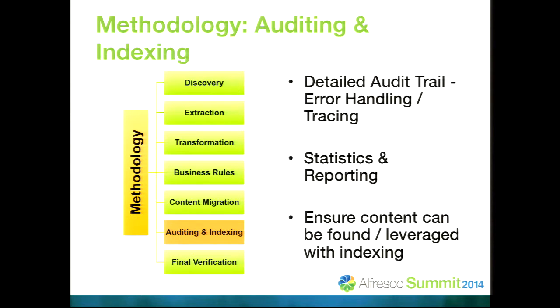You've got to have exceptional error handling, so if there are any errors, you're able to take care of them. From this data, you'll be able to gather how much content is actually getting moved in, and how quickly you can process content out of your source systems into your new system. And then make sure that all your content can be found, indexed, and leveraged appropriately.